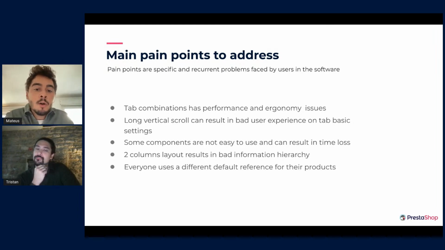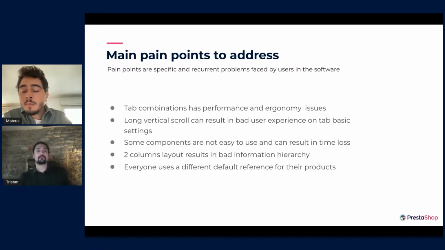Long vertical scrolling: if you have many features and many categories on your product page, that can lead to a bad user experience. Many components on the product page were not really easy to use and could be a loss of time, from what we saw and understood from the merchants. The basic settings tab with two layouts made it really hard for the merchant to find information, so the hierarchy of information was badly displayed.